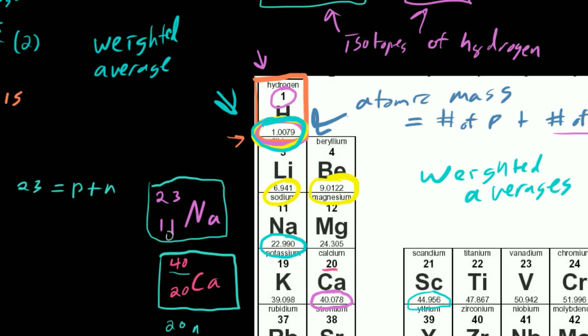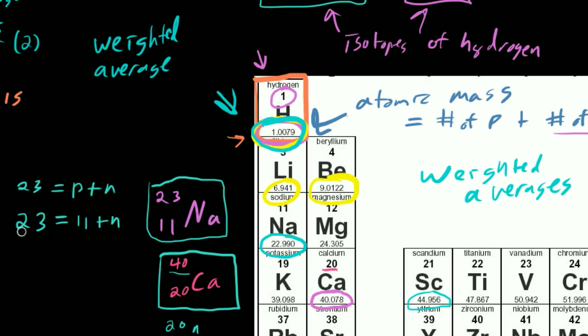We know that we've got 11 protons, right? So we could just subtract 11. We could say that 23 is equal to 11 plus the number of neutrons. So we would subtract 11 from both sides to figure out the number of neutrons in this sodium isotope.